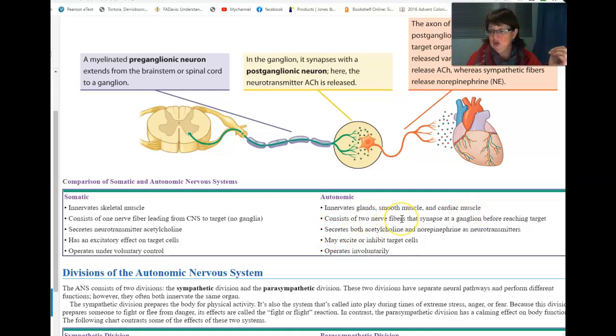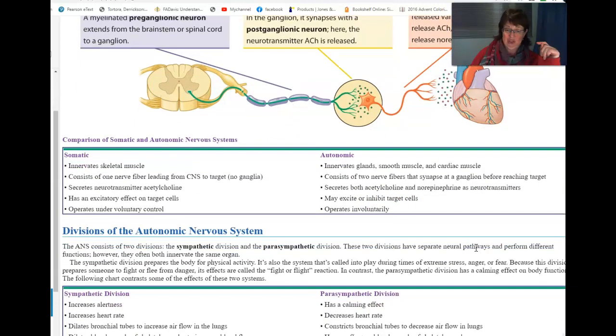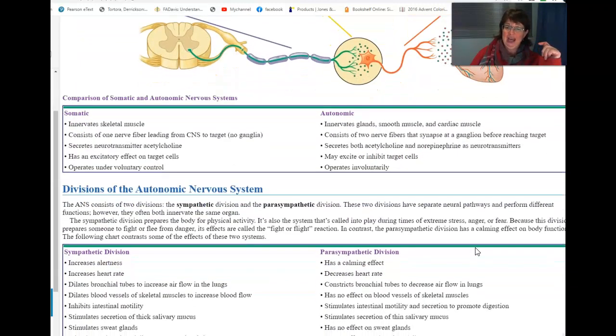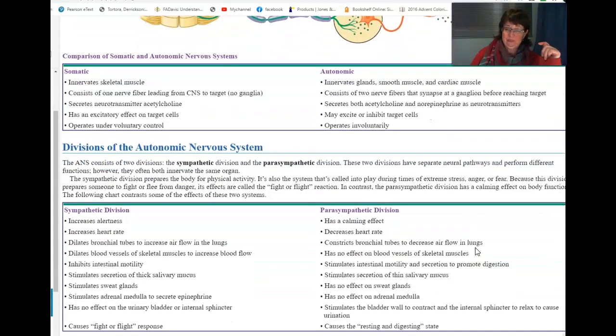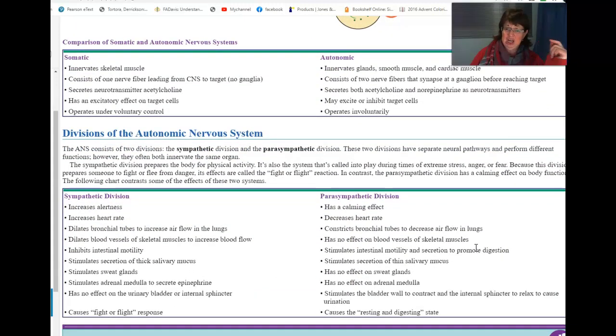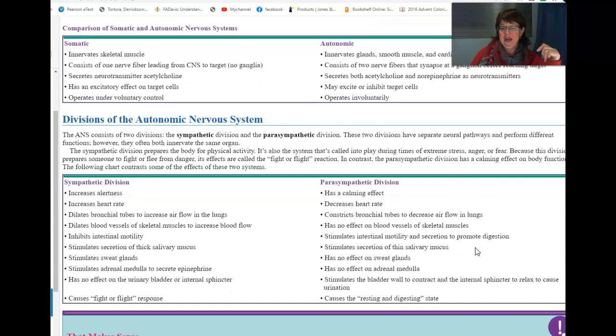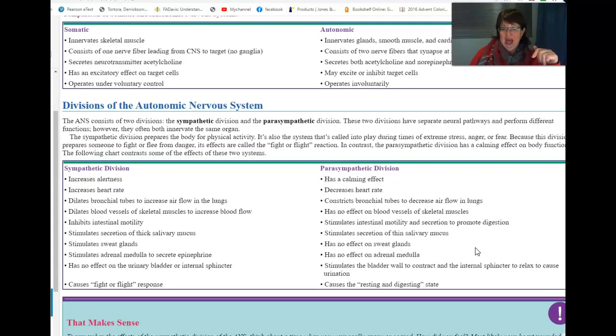Often there are two nerve fibers that synapse at a ganglion before reaching the target. And it may excite or it may inhibit, but it's all done involuntarily. Good. Now, the divisions are sympathetic and parasympathetic.